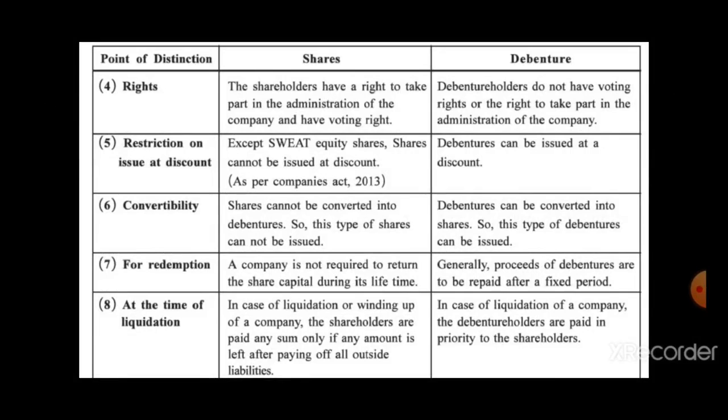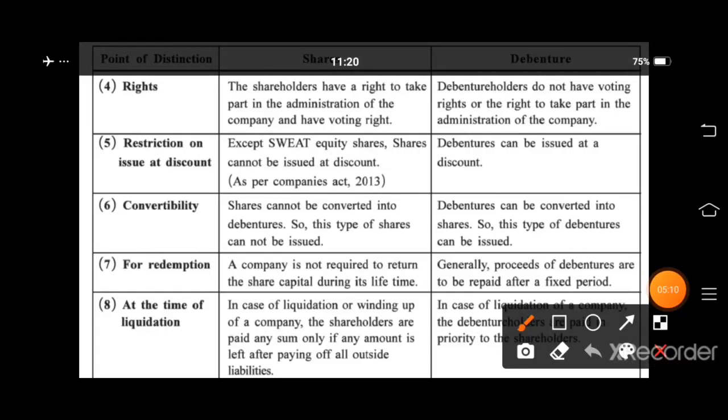Rights. The shareholders have a right to take part in the administration of the company and have voting right. Debenture holders do not have any voting rights or the right to take part in the administration of the company.